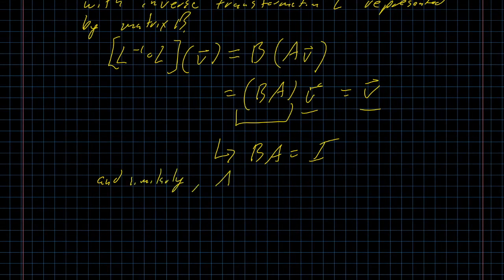And similarly, A times B must also be the identity matrix. And thus we have shown that A is an invertible matrix and that B is the inverse of that matrix.